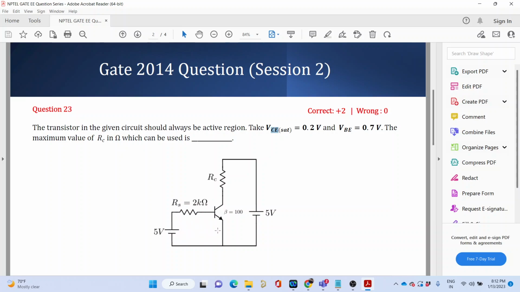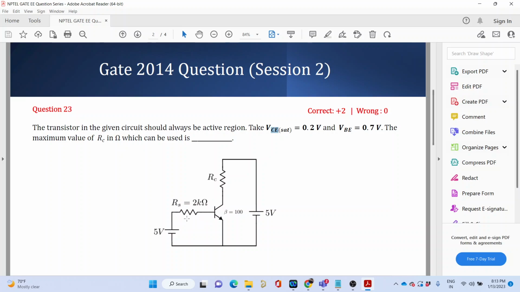Yeah, so 5 minus 0.7 divided by 2 kilo ohm. Okay, so that is the base current, right? Yes, sir. So now beta into IB would be the collector current, correct? Yes, sir. So what is the value of the collector current? So 5 minus VCE, that is 0.2, divided by RC.